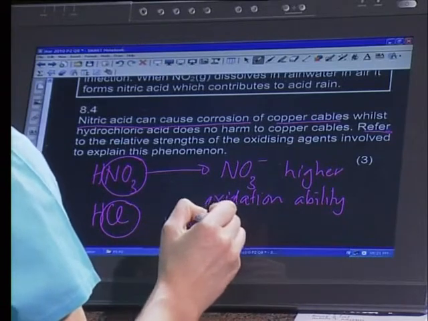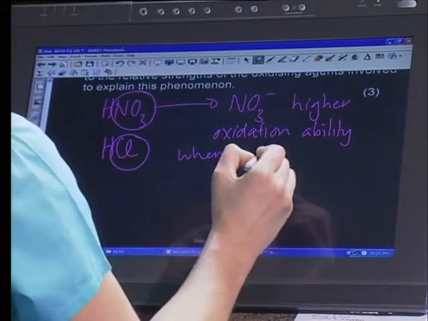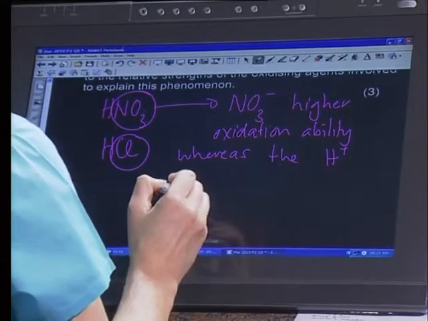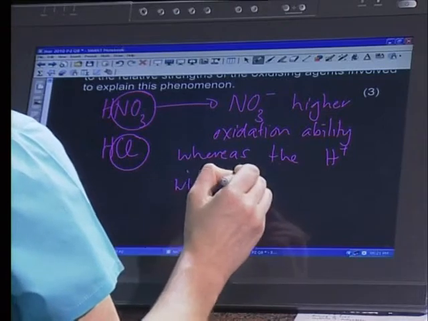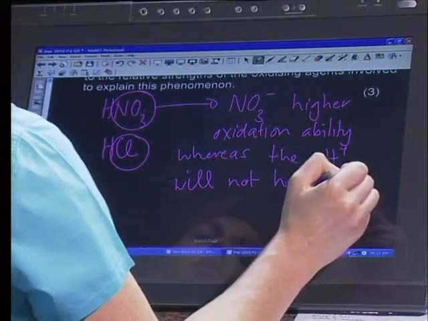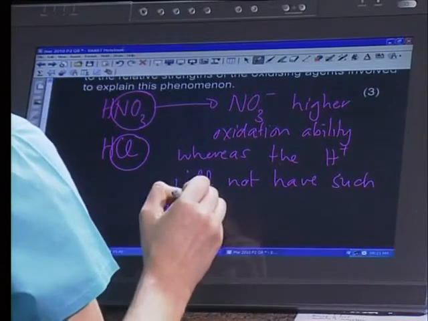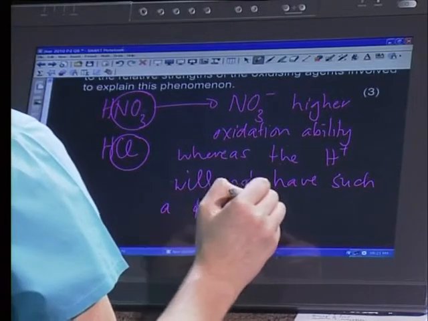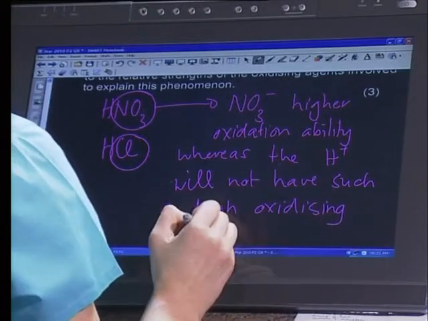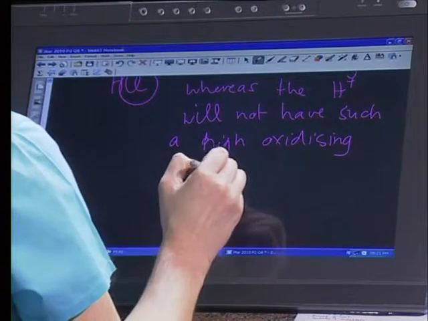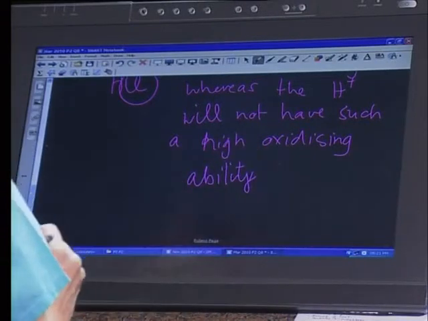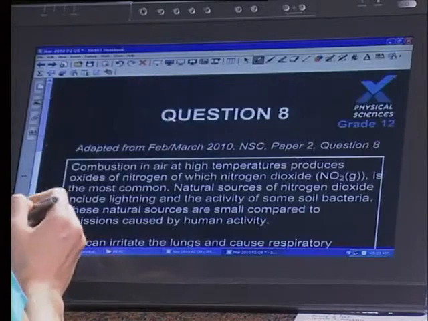Whereas over here, the hydrogen will not have the same, or have such a high oxidizing ability. Okay. Let's move on to the next question.